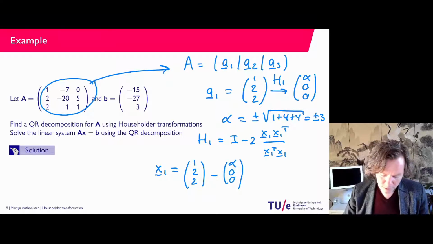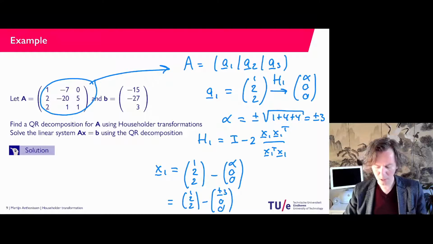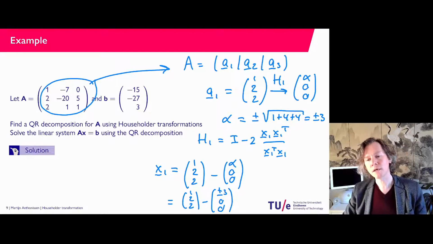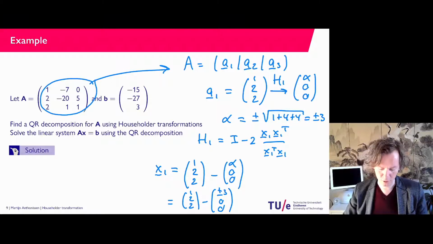So what we get is 1, 2, 2 minus, and alpha was plus or minus 3, 0, 0. And now the choice that we make, since 1 is positive, we're going to choose the plus sign here.